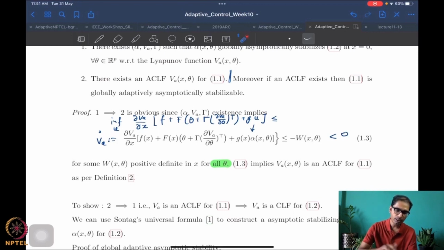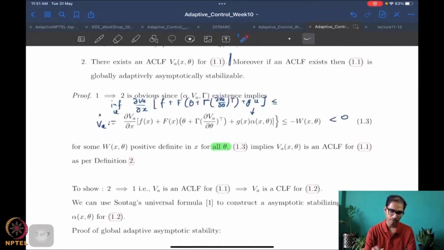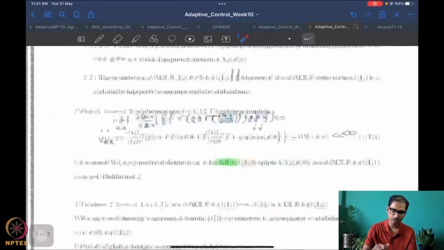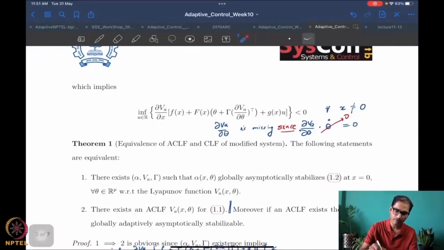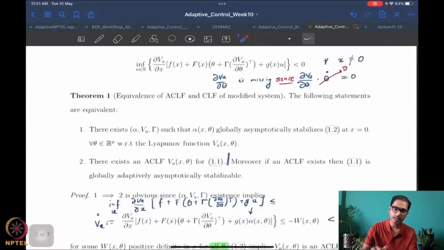Now, if you want to show that 2 implies 1, that the existence of an ACLF implies being able to find a stabilizing feedback alpha and gamma, it is pretty obvious, because the ACLF definition in fact contains the gamma itself.